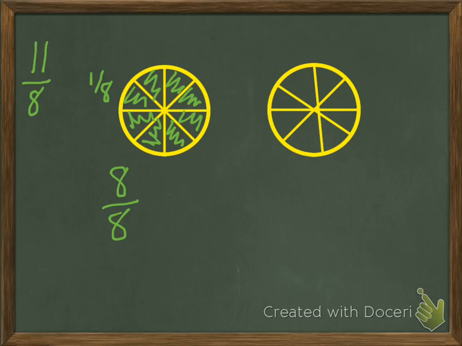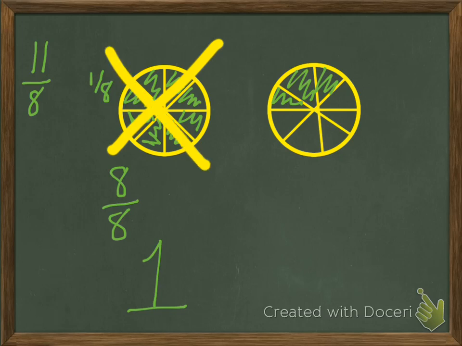And we know, either by looking at this picture or by simplifying, because 8 divided by 8 is 1, that 8/8 equals 1. Now all I'm going to do is keep on counting: 9/8, 10/8, 11/8.